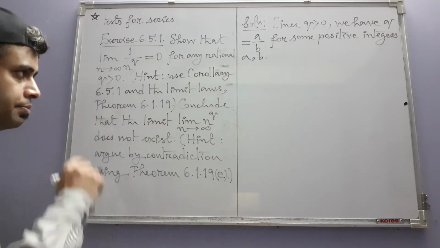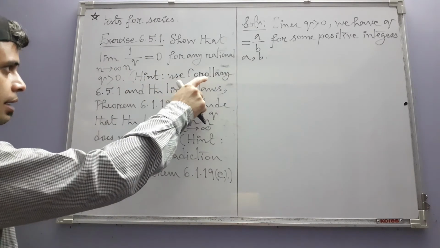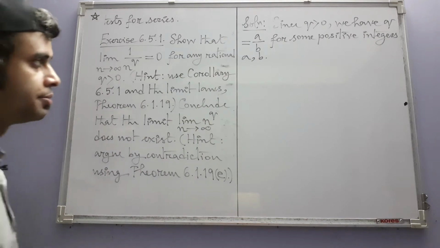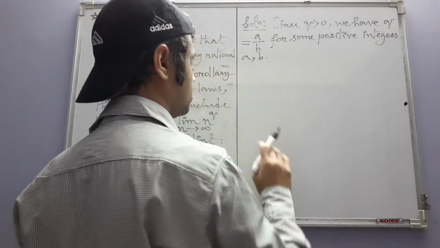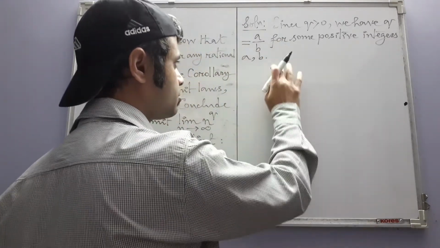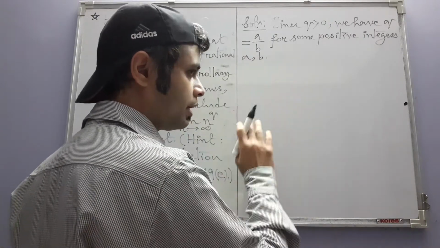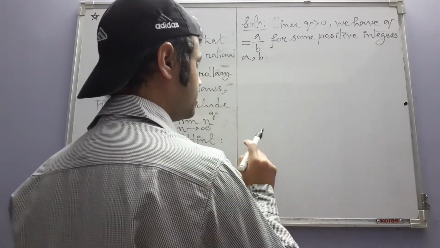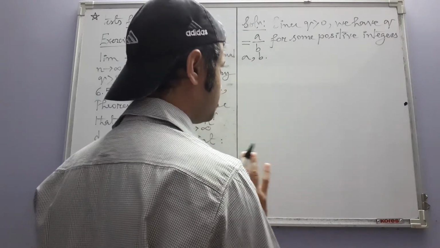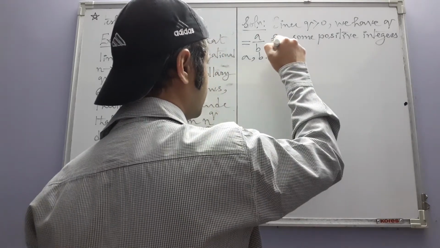Next, we apply corollary 6.5.1 for the sequence whose terms are 1 over n to the power 1 by b, that is the bth roots of the positive integers n.